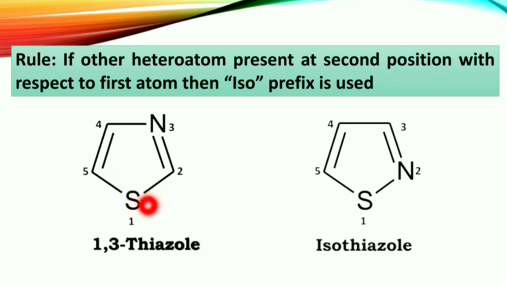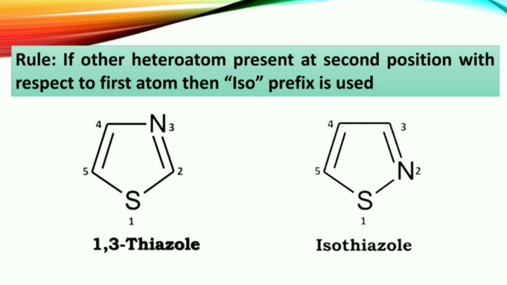If you give the numbering starting at sulfur, the other heteroatom is present in the third position. The name for this structure will be 1,3-thiazole. If this nitrogen is on the second position, then you have to use iso as a prefix. For the similar structure, if this heteroatom is present on the second position, the name will be isothiazole.